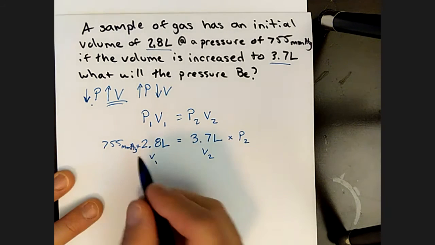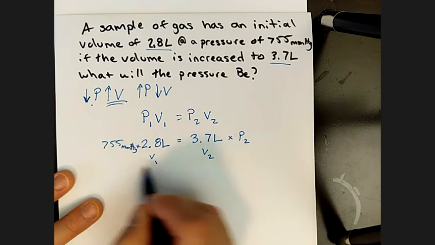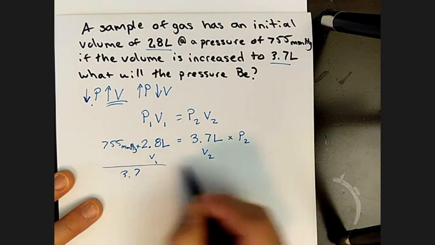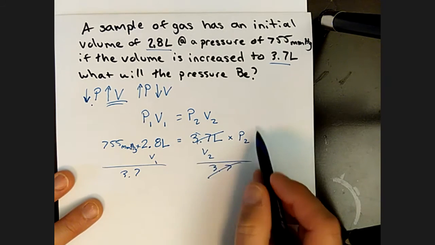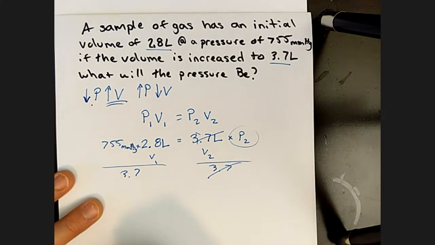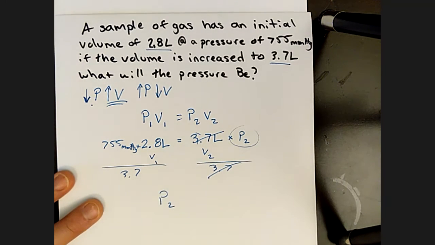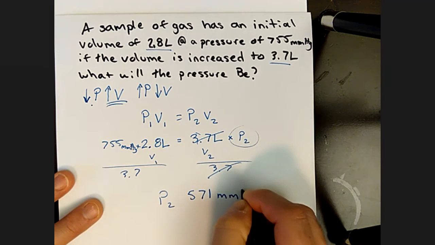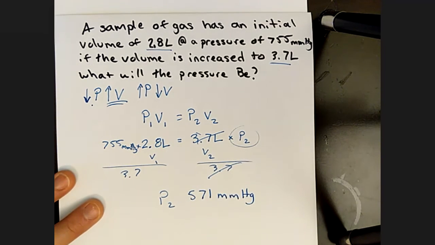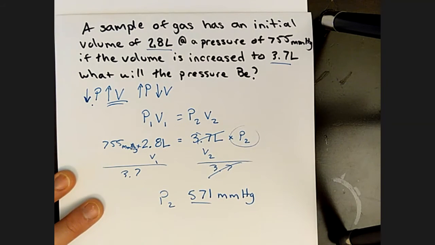The way this works, we're going to multiply and then divide. So you're going to divide both sides by the 3.7, and that should isolate your second pressure. My second pressure here becomes 571 millimeters of mercury, which is what we expected. We should get a smaller number.